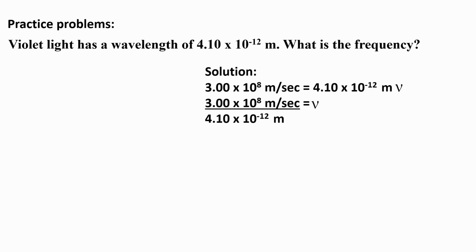So to solve for nu, we divide through by 4.10 times 10 to the minus 12 meters. And nu is equal to 7.31 times 10 to the 19 reciprocal seconds, or hertz.